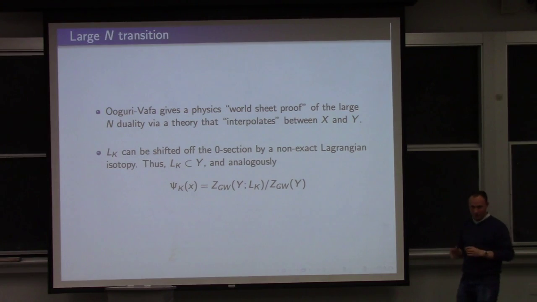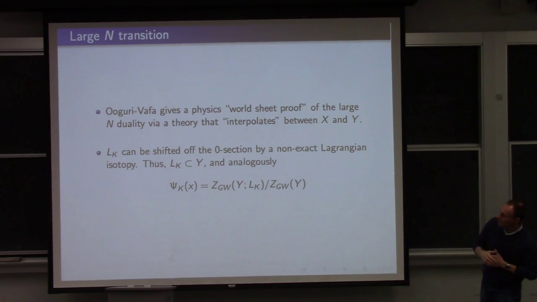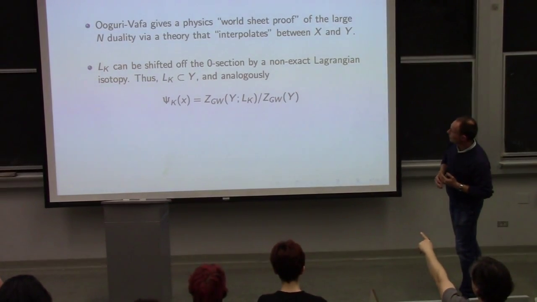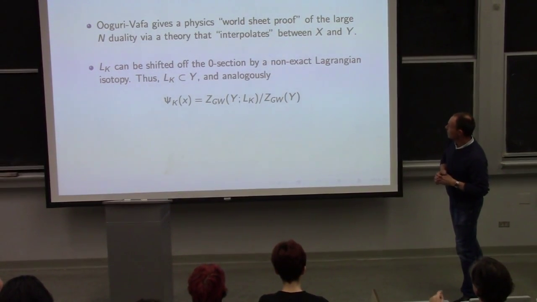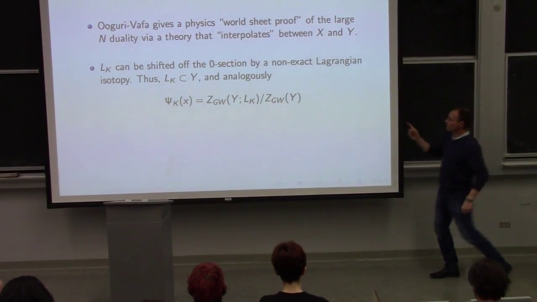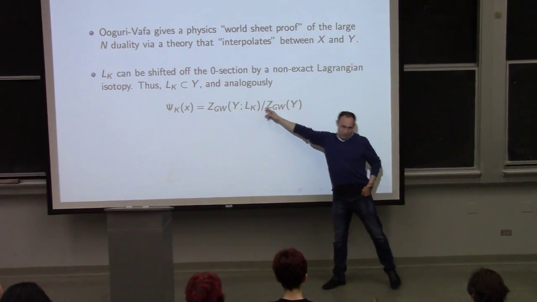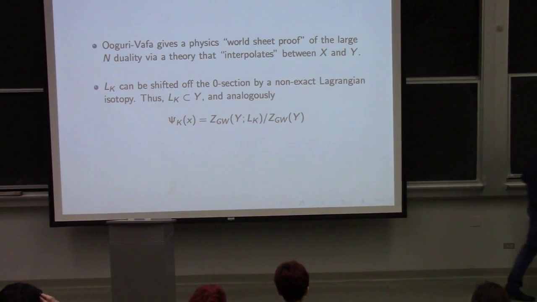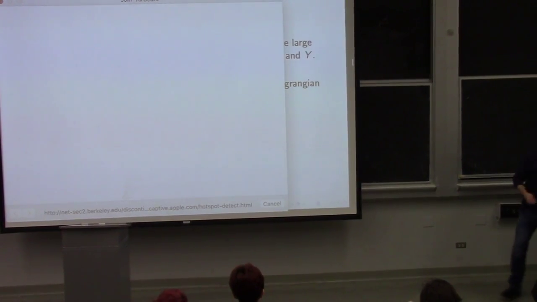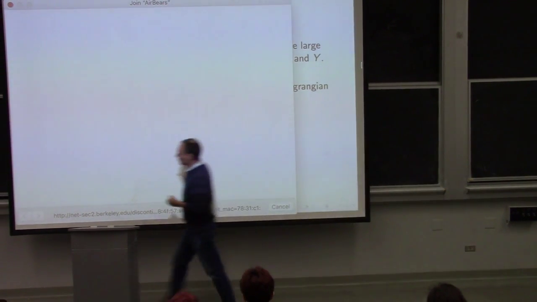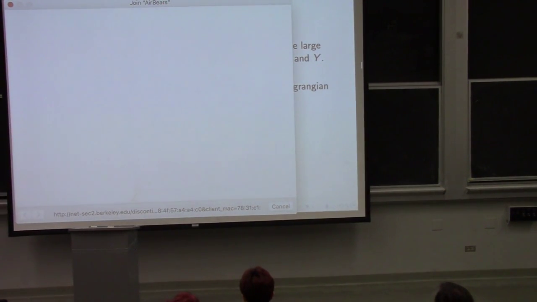When you say this function, is this the same function as before, Z Gromov-Witten of Y with LK divided by Z Gromov-Witten of Y? Yes. What I want to say is that this function is now supposed to count holomorphic curves.